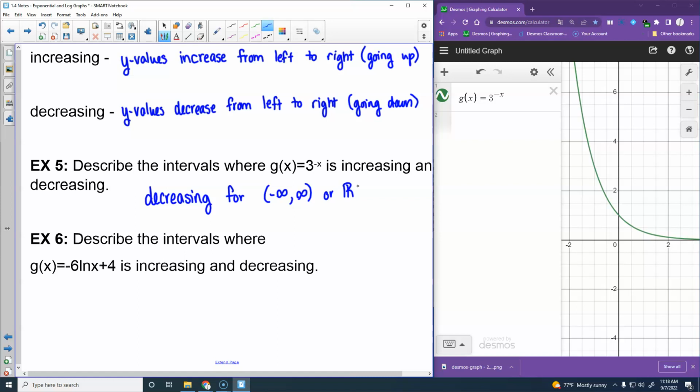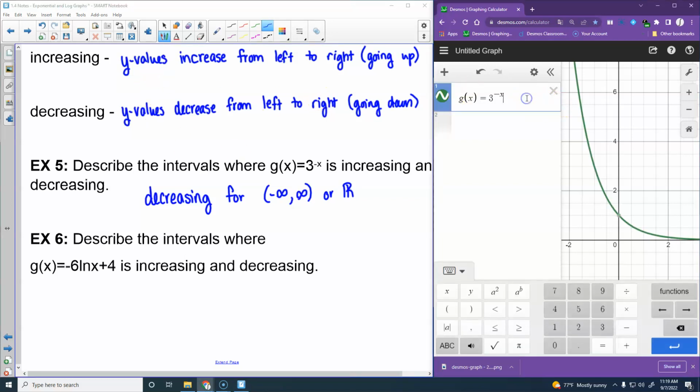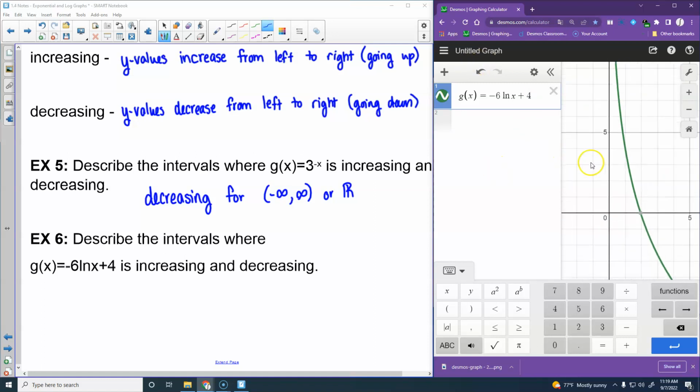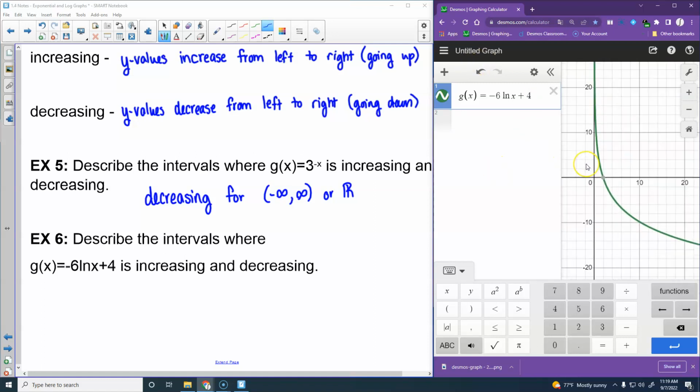All right, let's look at the log. I've got negative 6 log x plus 4. Well, let's zoom out a little bit on that. Is this graph increasing or decreasing from left to right? We're decreasing again, so it's only going to be decreasing.